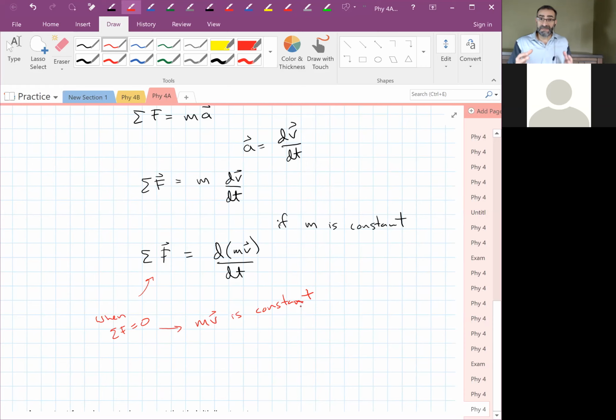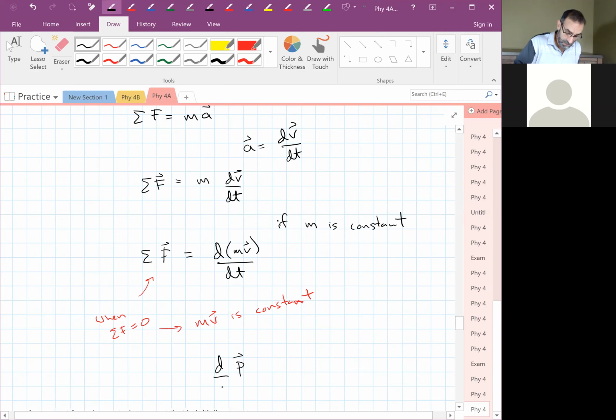Wow, there's something special about this quantity, m times v, that it cannot change if there's no net force acting on the system. It cannot change. And that, we'll give it a special name. We'll call it momentum.